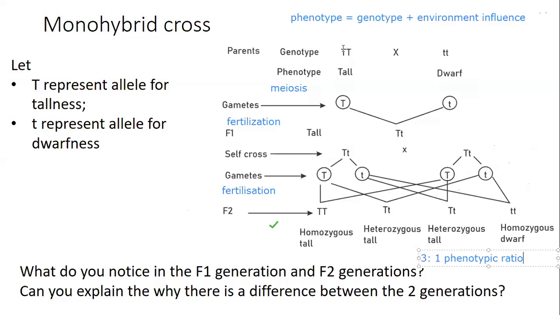We discussed meiosis in the previous discussion. When meiosis takes place, I think I should put it here. Okay, let's put it here. It's covering some words, but it's in this gap. When meiosis takes place, then those alleles will have to separate from each other.